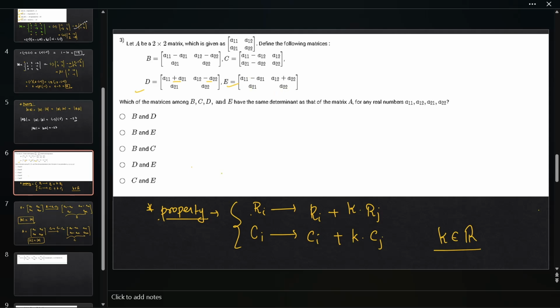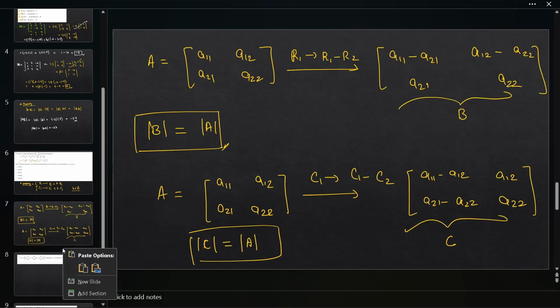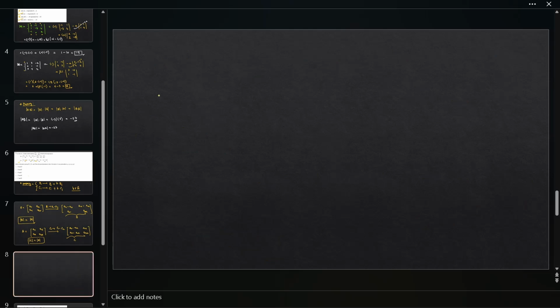So again, no such operation was mentioned in the properties. Hence, by this property, we cannot conclude that D and E have the same determinant as A. But that alone is not sufficient to conclude that the determinant of A and determinant of D are not equal. For that, we will have to expand it as well.